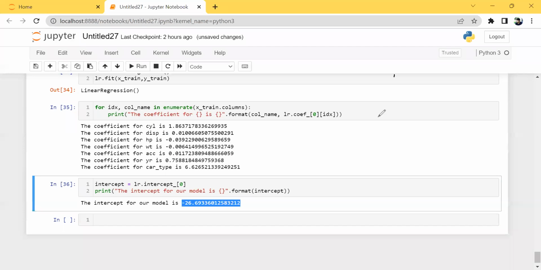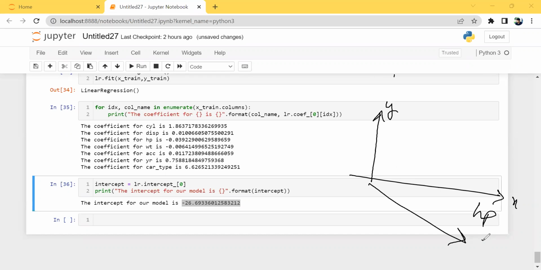So it's saying, this is the x value, right? And this is the y value. You will have some x values, like you will have the HP column, the cylinder column, the displacement column. But we are saying when all our x's are 0, we don't have any x's, then what would be our y value?